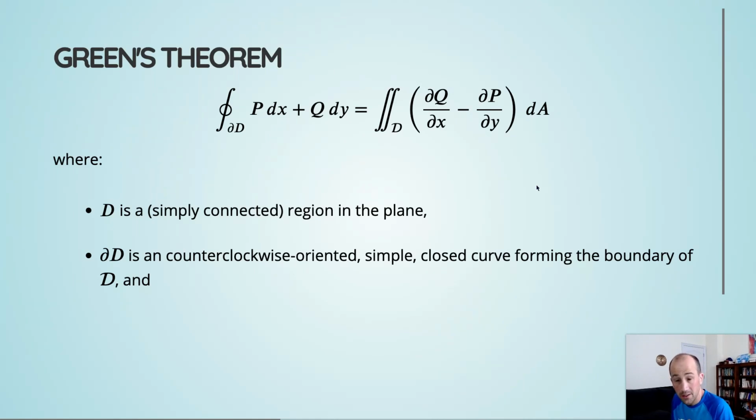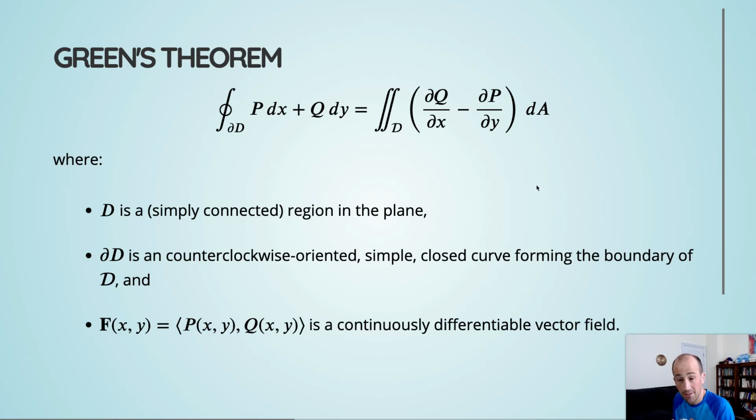The boundary of D right here is a counterclockwise simple closed curve forming the boundary of D, as we've indicated. So if you're the boundary of a region in a plane, the boundary has to be closed, and, because it's simply connected, it's a simple curve here.